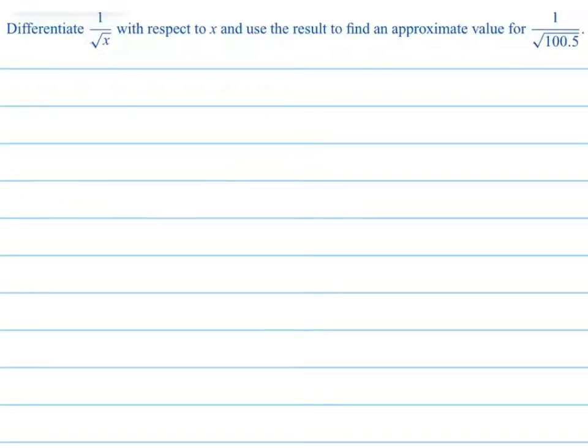Okay, now what's this last one? We're differentiating 1 over root x with respect to x, and we're using the result to find an approximate value for 1 over root 100.5. Well now, did you see that word approximate? That's your cue.